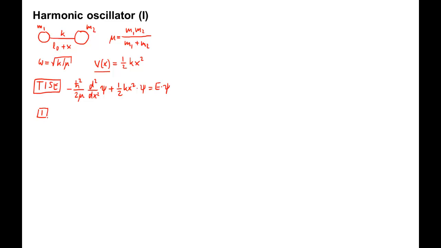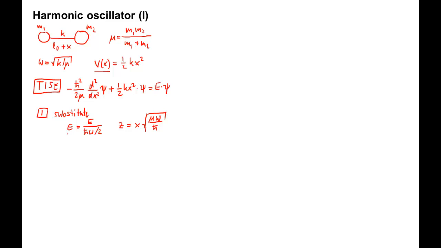In the first step, we do some substitutions. The main goal is to simplify the expressions. We introduce a scaled energy epsilon, which is equal to E divided by h bar omega over 2, and we introduce a scaled displacement z, which is equal to x times the square root of mu omega divided by h bar.